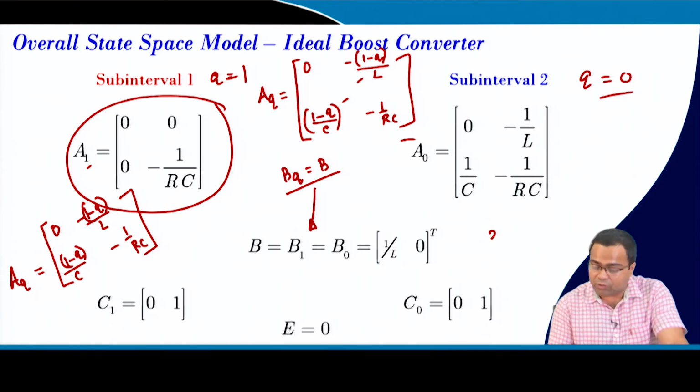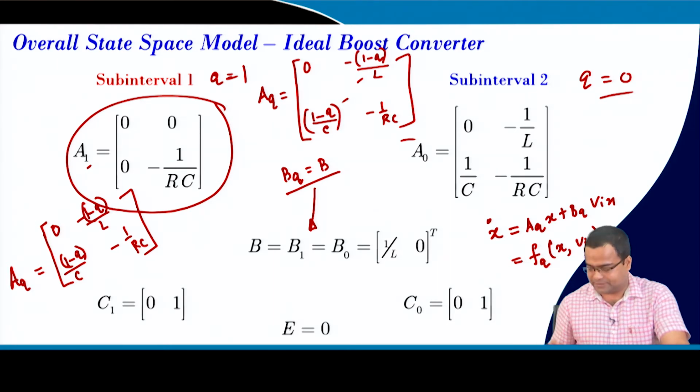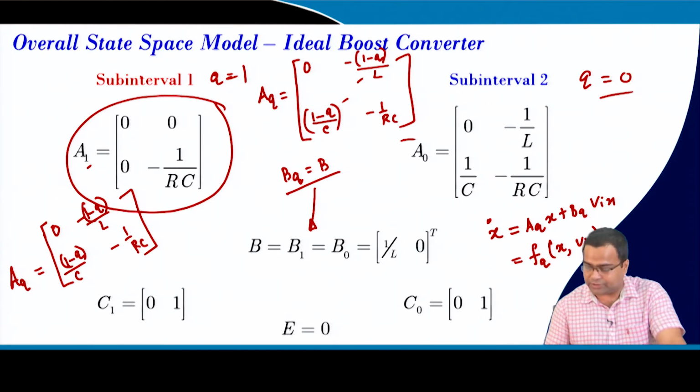So, we can get the overall matrix X dot equal to AQX plus BQ V in, which we will call as FQ, function of X, V in, and this is exactly what we are writing. It is also a function of Q, sorry, because Q is a switching gate signal which can take either 1 or 0.